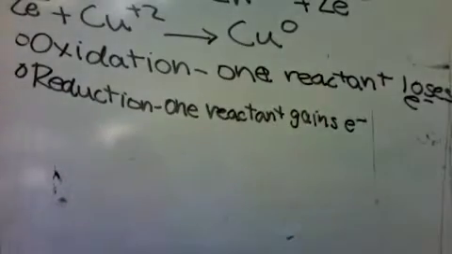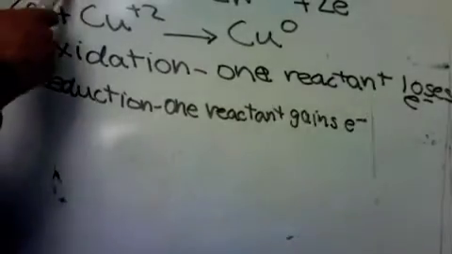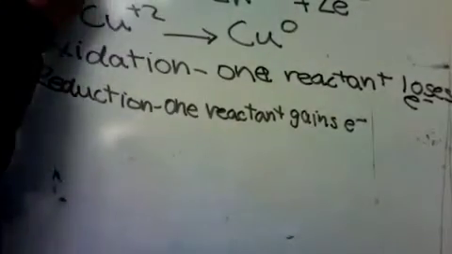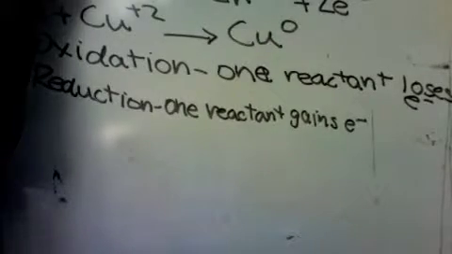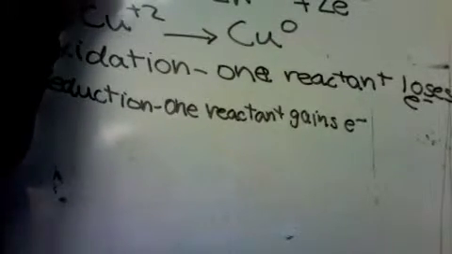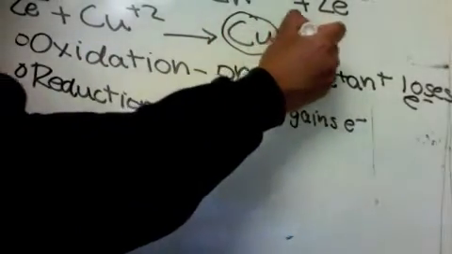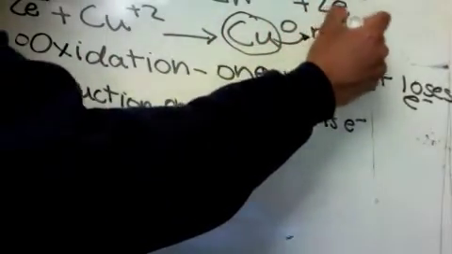So, based on that definition, seeing that Zn loses electrons, we can say that Zn is therefore oxidized. And that as a result, we can say that the Cu is reduced.